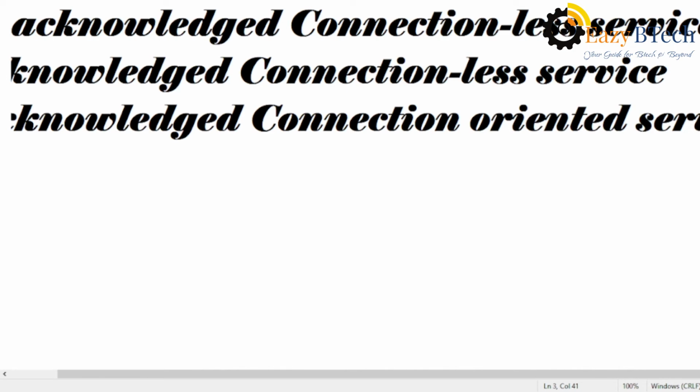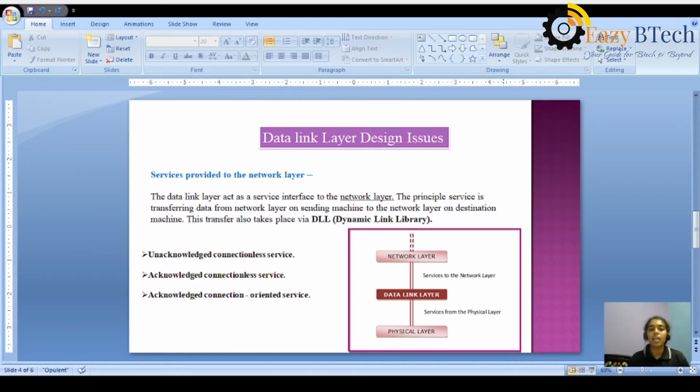See, unacknowledged connectionless service means it does not give any acknowledgement. Connectionless service is not connection oriented. Connectionless means there is no matter of physical medium. Through the air we can send data from source to destination. Acknowledged connectionless service.